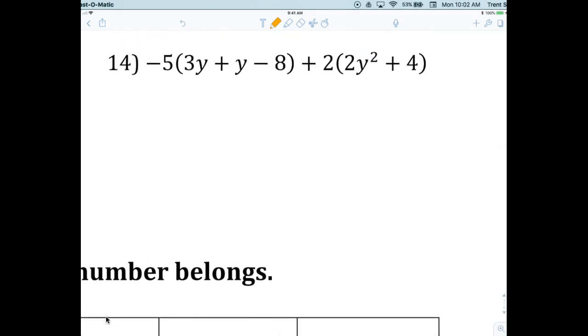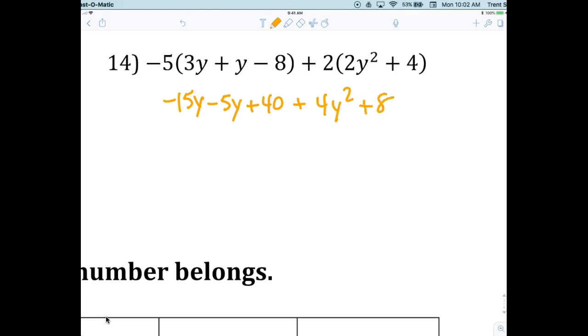Okay, here we go. On 14, take a look. Distributing. So this would be -15y minus 5y plus 40 plus 4y squared plus 8.